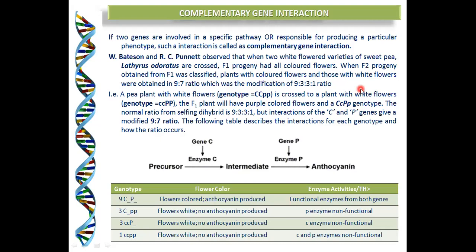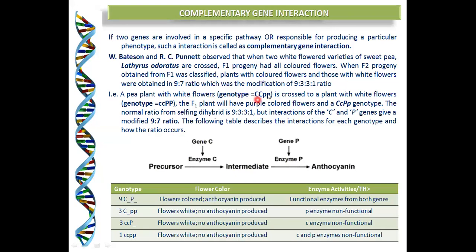In short, when capital C is present and P is recessive, we get white flowers. When capital P is dominant and C is recessive, then also we get white flowers. Dominant P is responsible for white flowers, and dominant C is responsible for white flowers only.